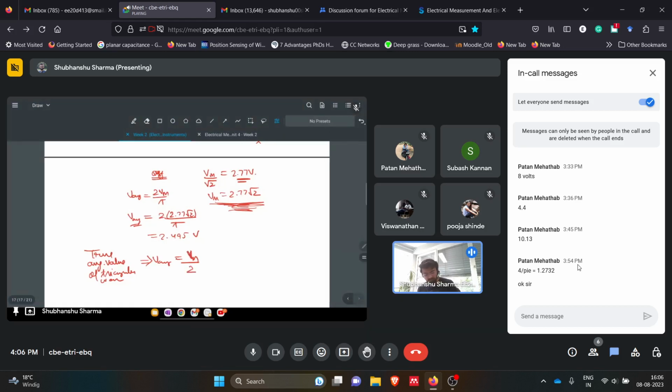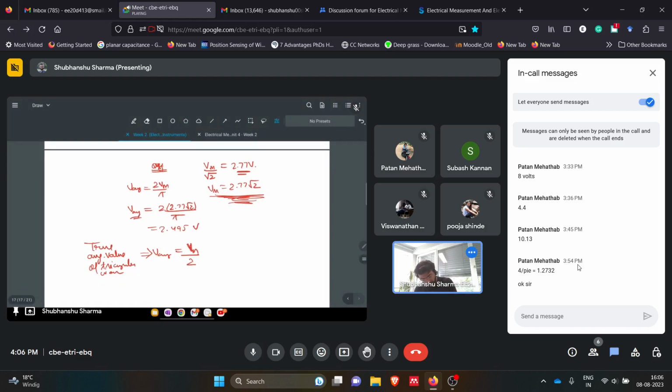So if we equate this with the average based on the sine wave calibration of the instrument, Vm by 2 equals 2.495, and this is the true value. So the actual peak value of this triangular wave will be 2.495 into 2, which is 4.98 volts.